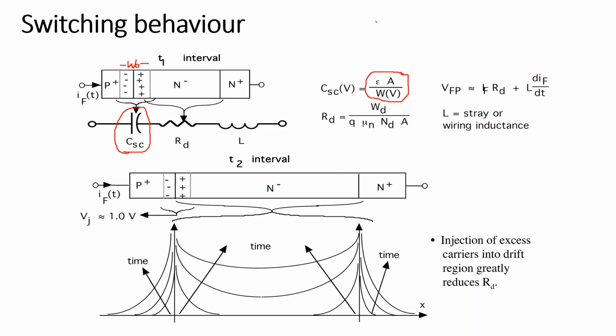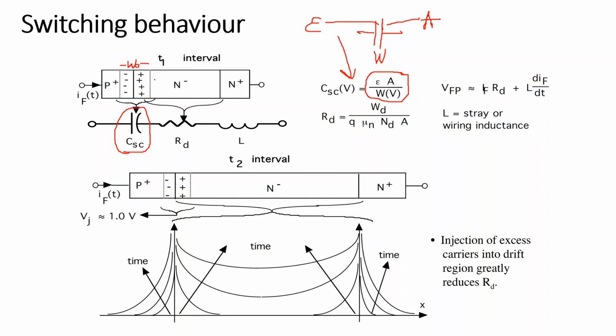So if we have a parallel plate capacitor like this, with the area of the plates A, the distance between the plates W, and the dielectric constant of the medium between the plates epsilon, then the capacitance is given by this expression.